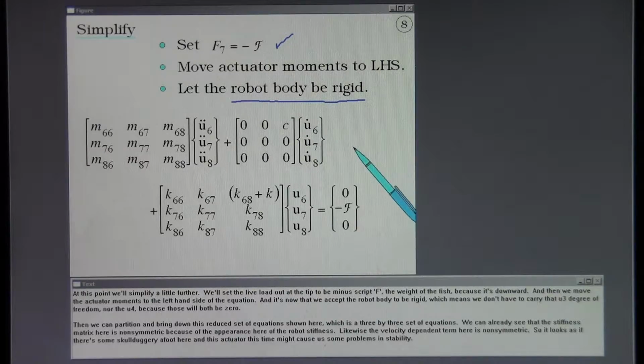We can already see that the stiffness matrix here is non-symmetric because of the appearance here of the robot stiffness. Likewise, the velocity-dependent term here is non-symmetric. So it looks as if there's some skullduggery afoot here, and this actuator this time might cause us some problems in stability.